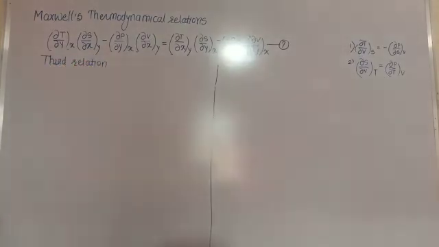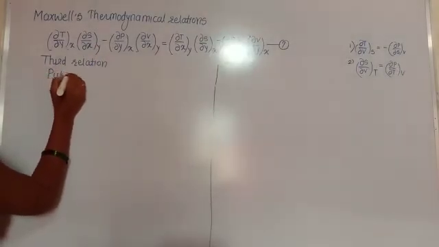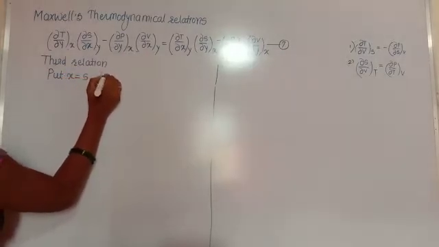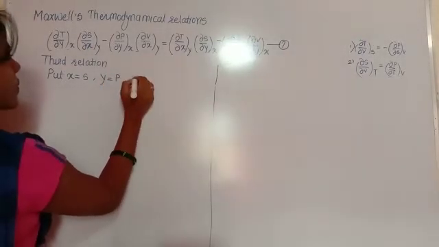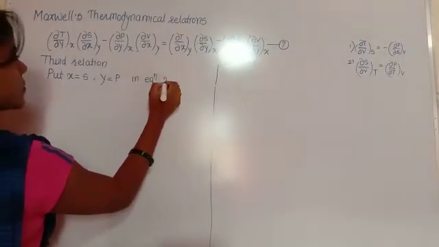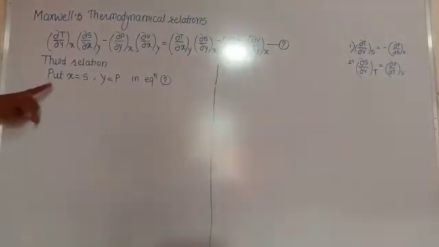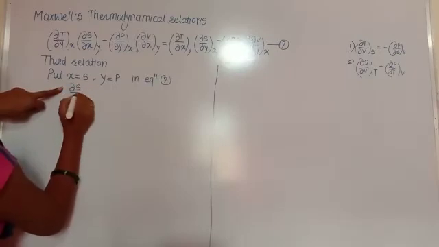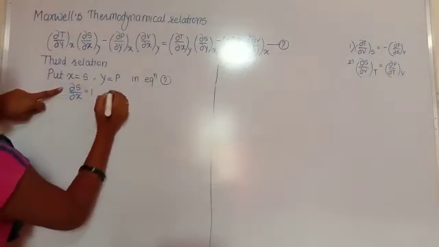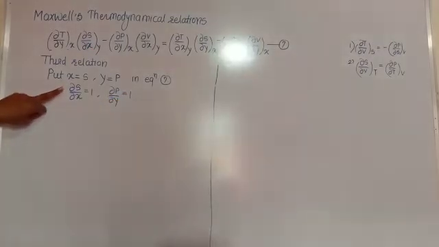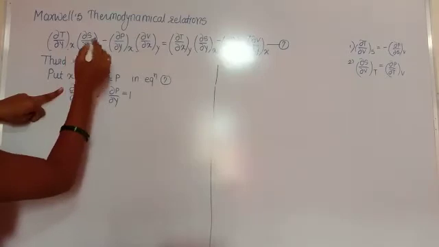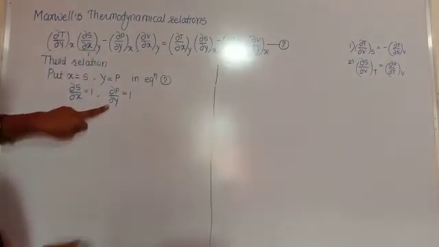For the calculation of the third relation, we put x equals S and y equals P in equation 7. Then del S by del X is equal to 1, and del P by del Y is also 1.